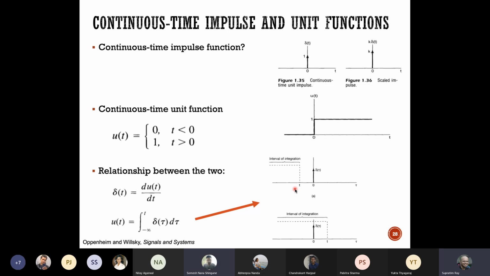But if the interval includes the delta function, no matter where it is, the integral is going to be 1. So u(t) is going to be 1 for all values of t greater than 0, and 0 for all values of t less than 0. So it's the delta function.